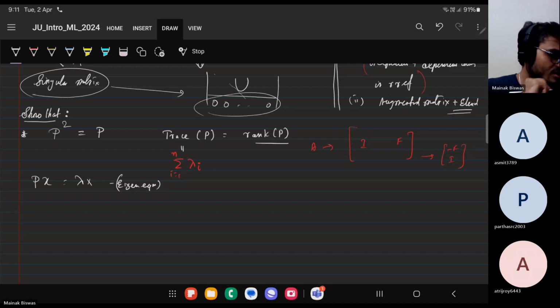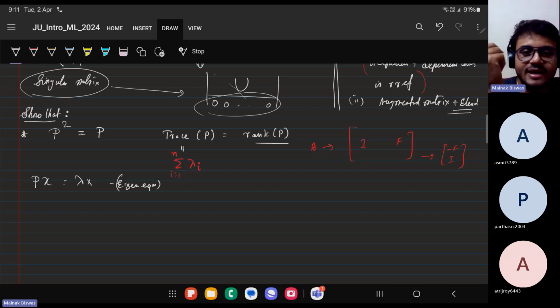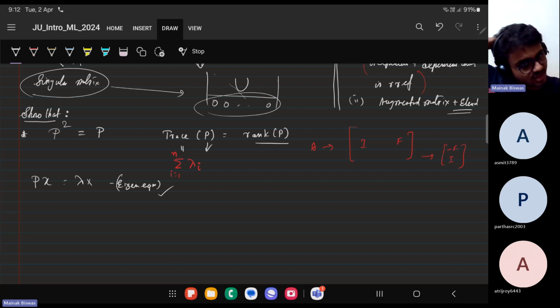Now my question is, I have used the eigen equation from the trace. What is the other condition that is given to me to solve this question?